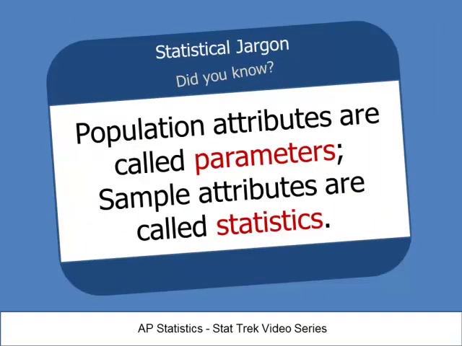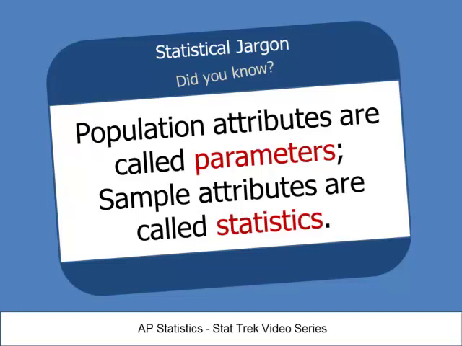By the way, another difference between populations and samples has to do with nomenclature. A measurable characteristic of a population is called a parameter, and a characteristic of a sample is called a statistic. For example, suppose we compute a mean score of a population data set.